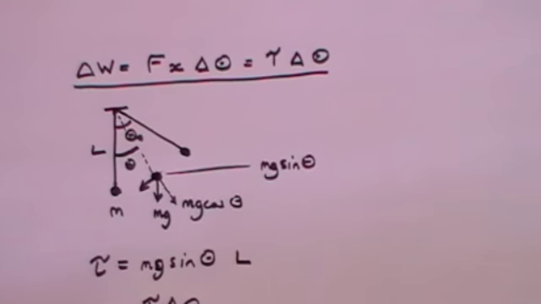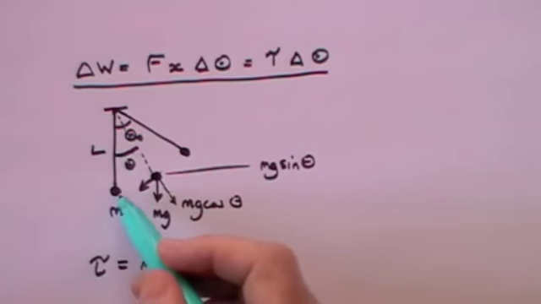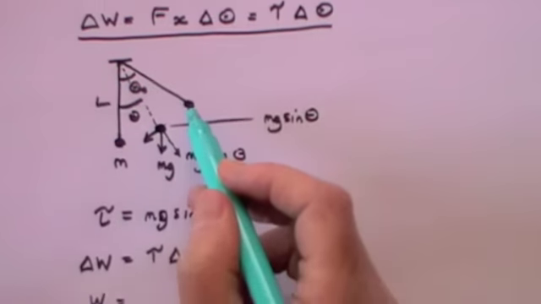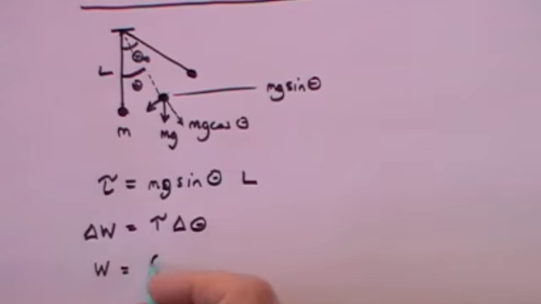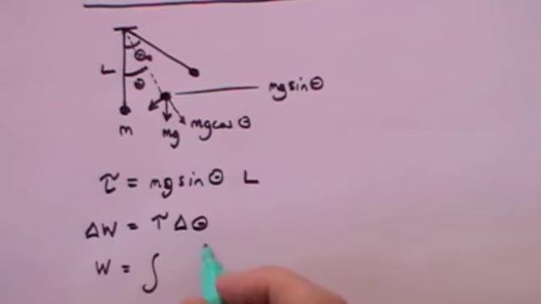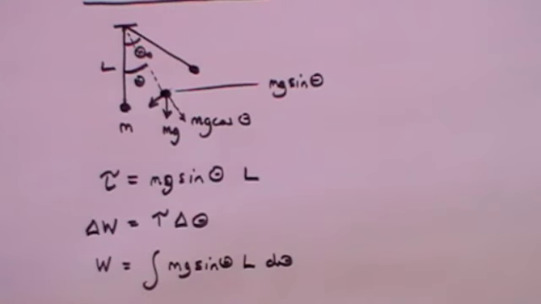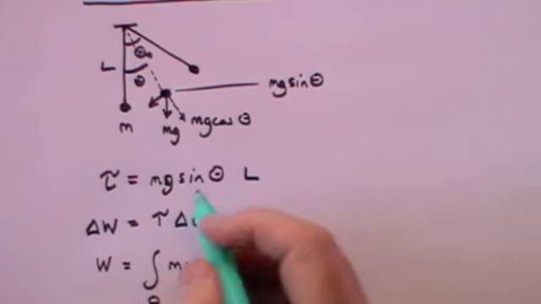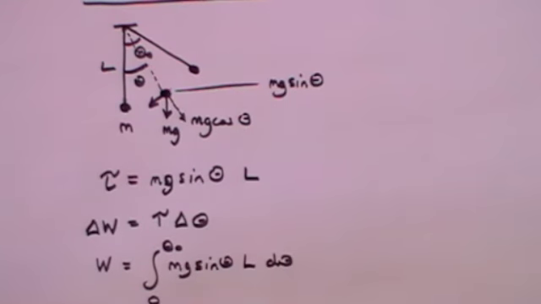So now we've got that the work done will be, and here we've got to integrate from this position to this position. So now we're going to have to do an integral of tau d theta, which is mg sine theta times L d theta, and we go from 0 to theta naught.